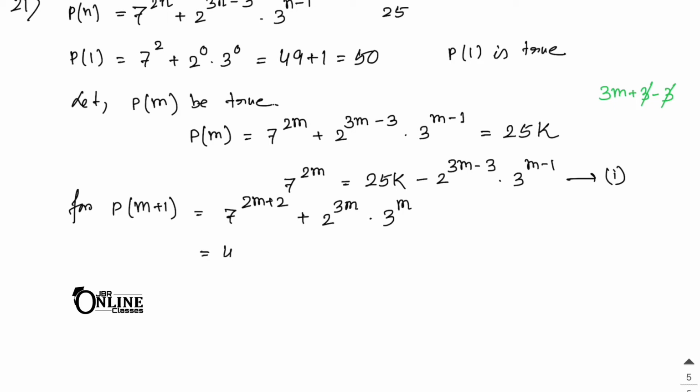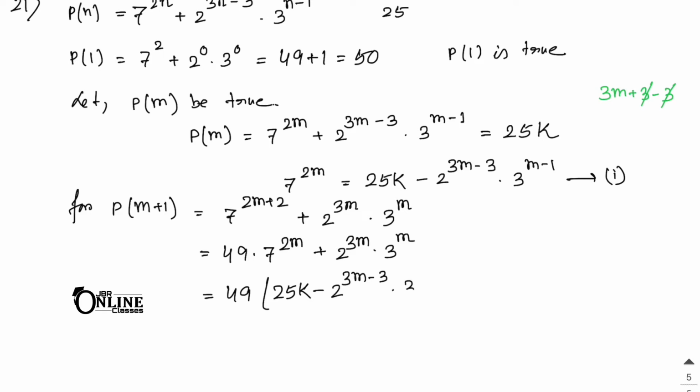So now you can write down this one as 7 to the power 2m into 7 square, that means 49. So 49 into 7 to the power 2m, and here 2 to the power 3m into 3 to the power m. Now in place of 7 to the power 2m put down 25k minus 2 to the power 3m minus 3 into 3 to the power m minus 1 from equation number 1, and here 2 to the power 3m into 3 to the power m.